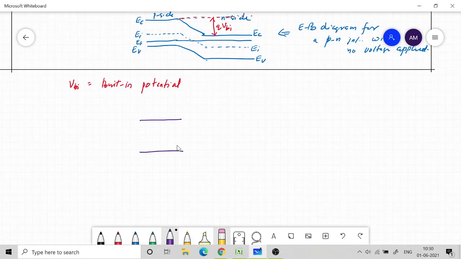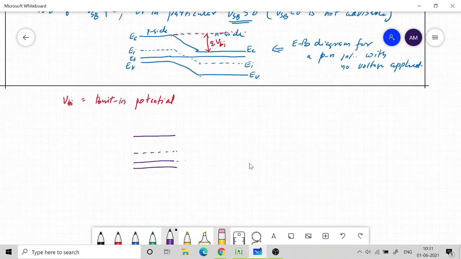So this is the P side, and now the Fermi level cannot be continuous. If I apply a reverse bias, then we will basically end up applying a positive potential on the N side.